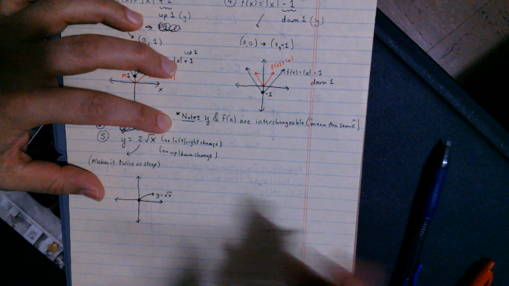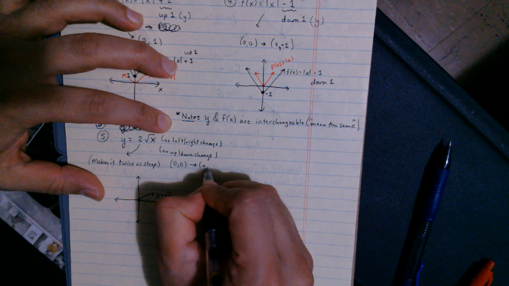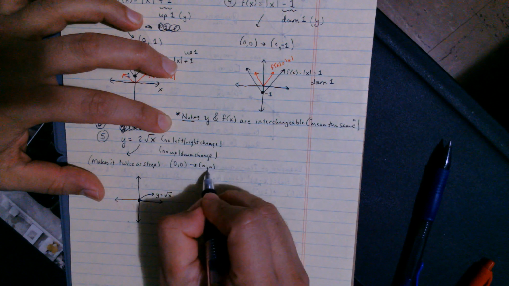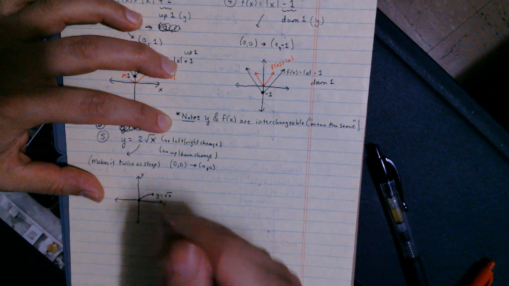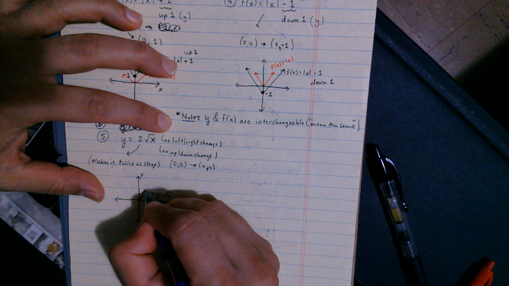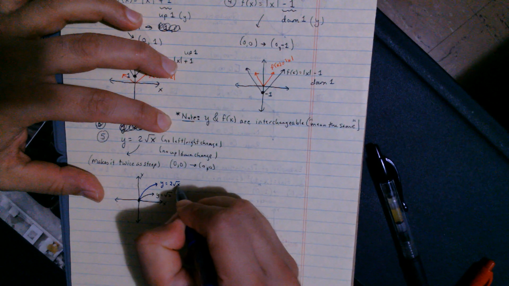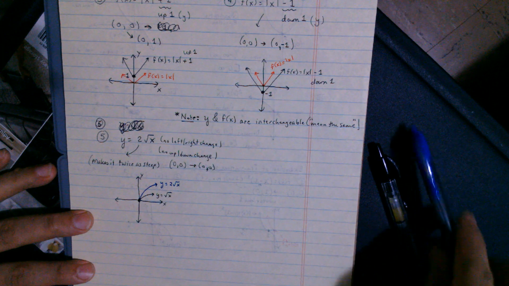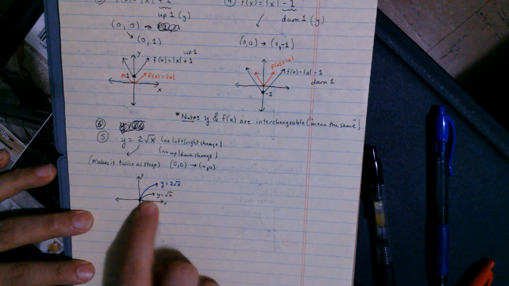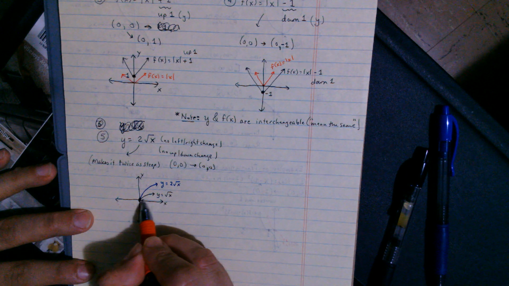So notice 0, 0 goes to 0, 0. It stays. It doesn't move horizontally. So the x and y values stay at 0, 0. The only thing is, it'll be twice as steep. So the y value tends to double. So for me, it doesn't really make a huge difference. It's just going to go higher. Now, if it's 1/2, it'll be 1/2. So like if it was 1/2, for instance, it would be like here. But it's not important to me.